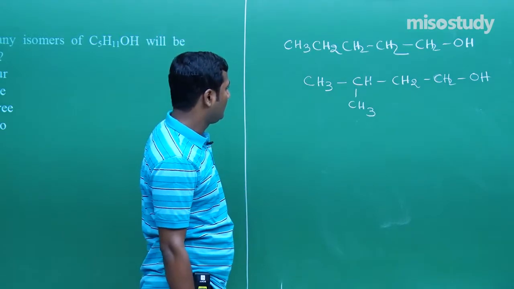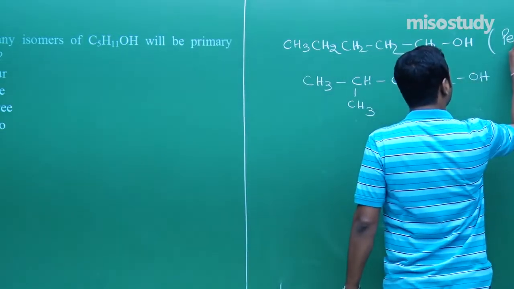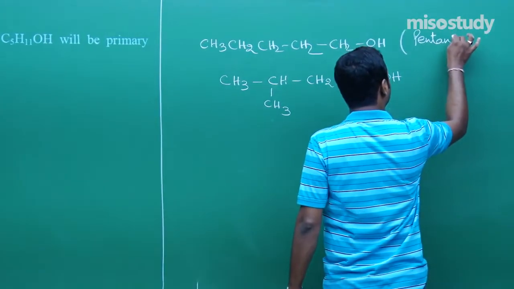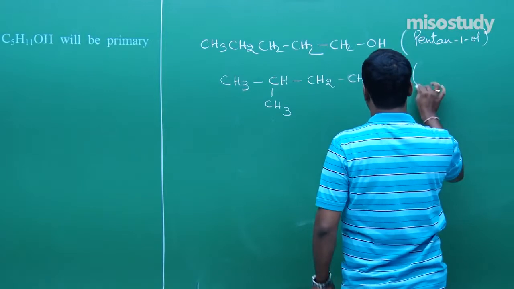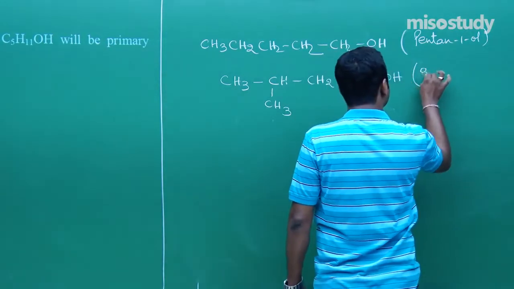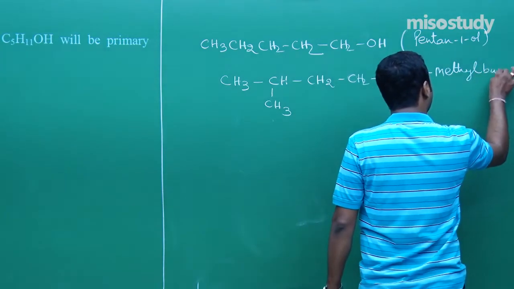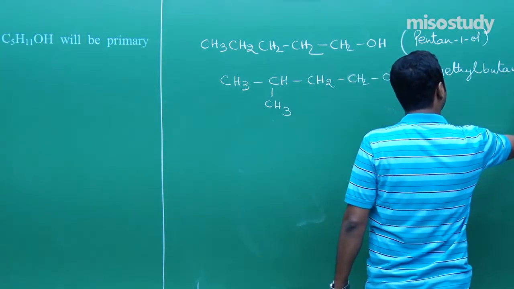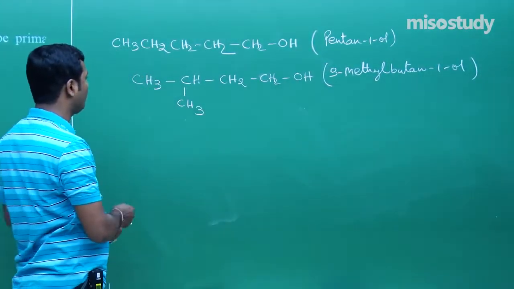Now the name of this compound is pentane 1-ol or pentanol. The name of this compound, that is 1, 2, 3, 4, is 3-methyl butane 1-ol.